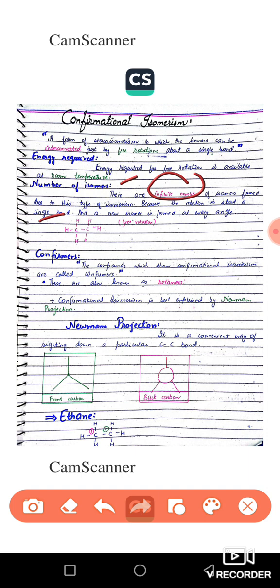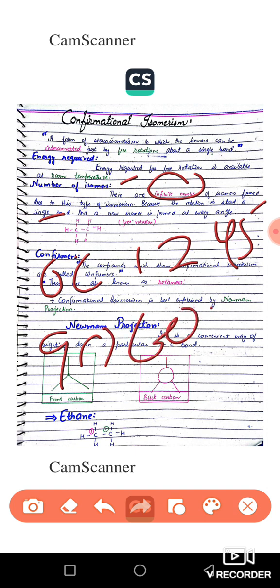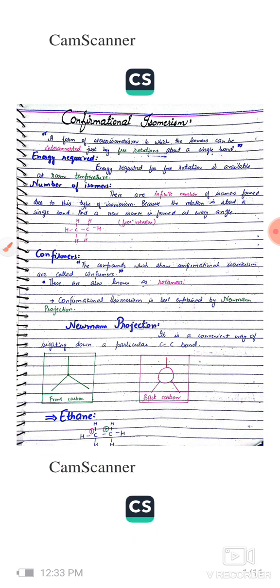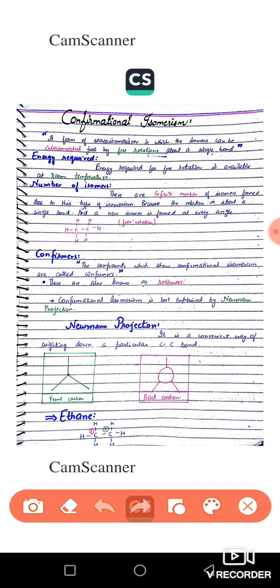Every new isomer can be formed at every angle: some at 0 degrees, some at 1 degree, 2 degrees, 45, 60 or 90 degrees. So a lot of angles and a lot of isomers can be formed. This is ethane, and it shows that it can undergo free rotation.